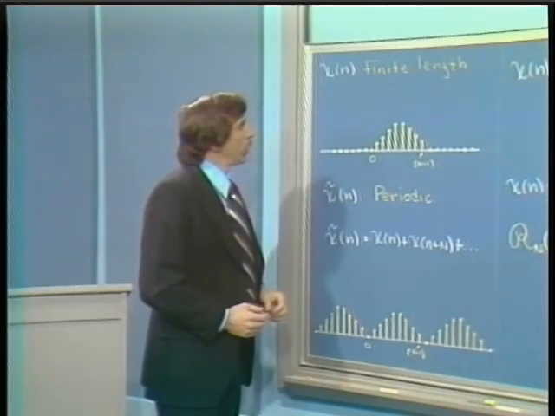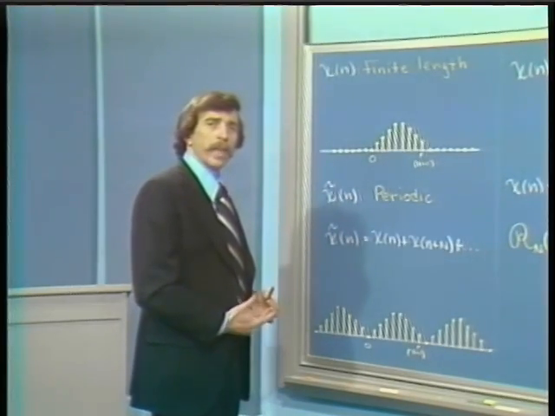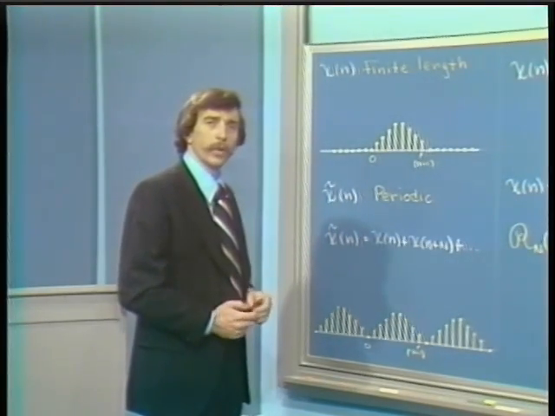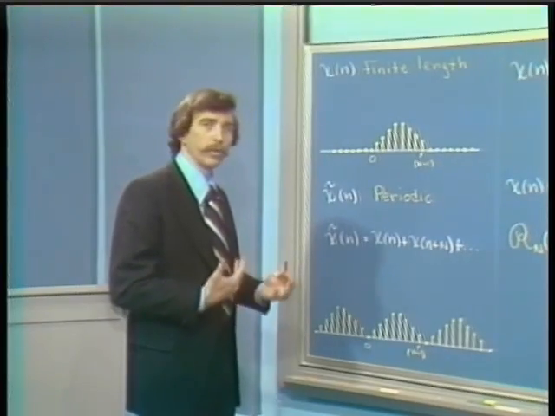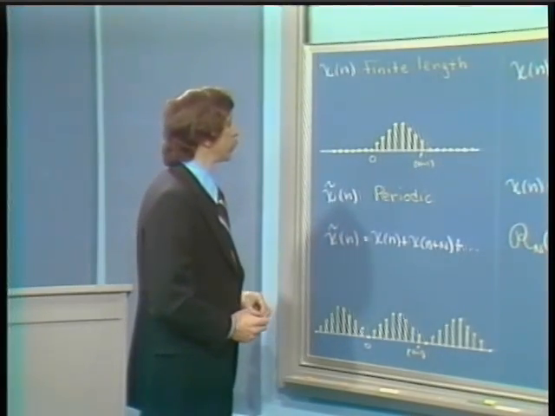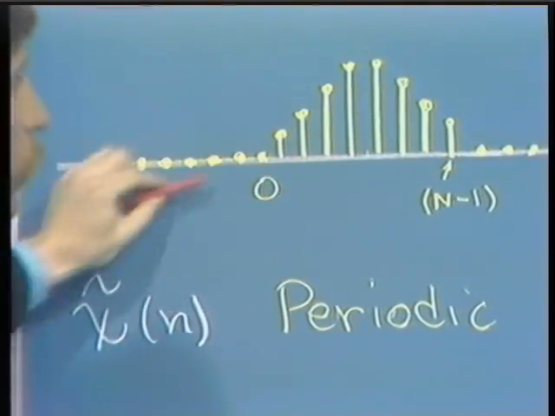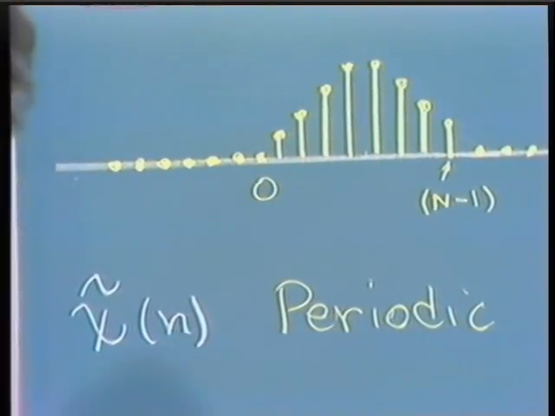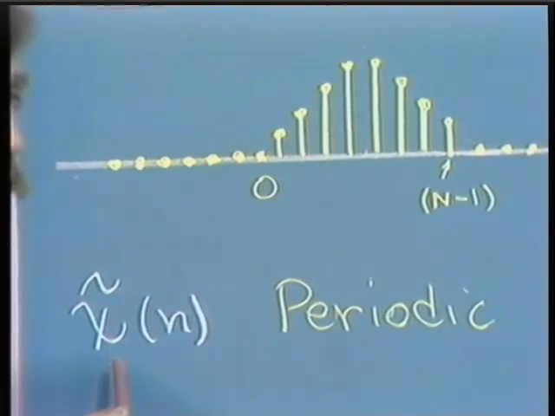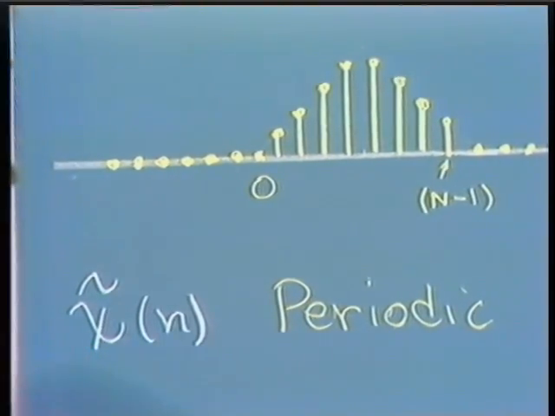Now, the basic notion that leads to the discrete Fourier transform, or one way of looking at the discrete Fourier transform, is to recognize that if I have a finite length sequence, as I have here, I could construct from that sequence a periodic sequence.